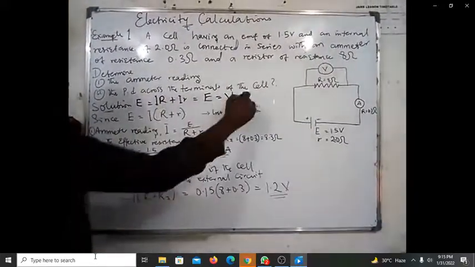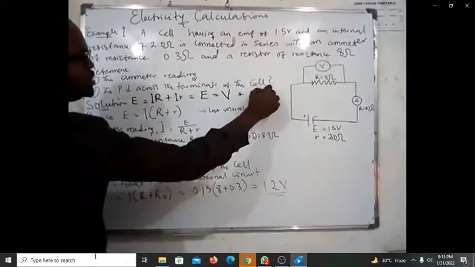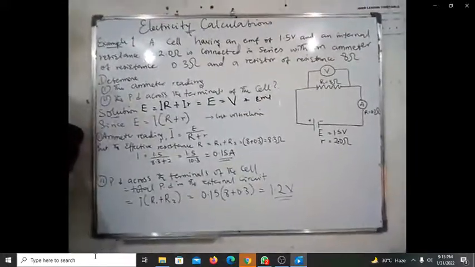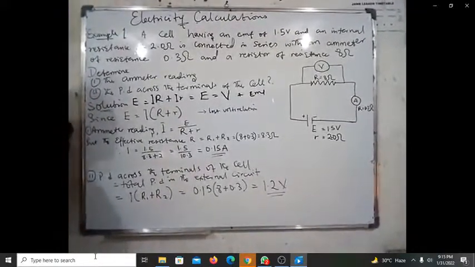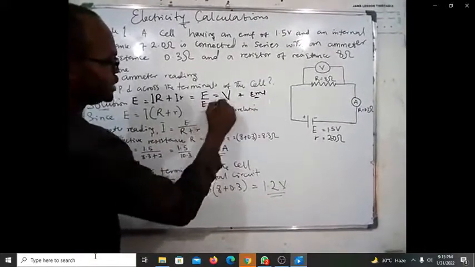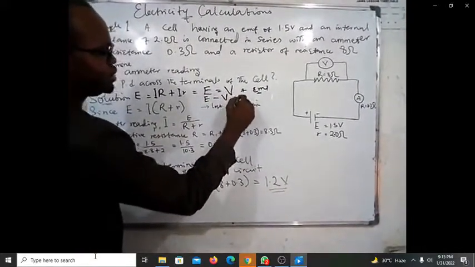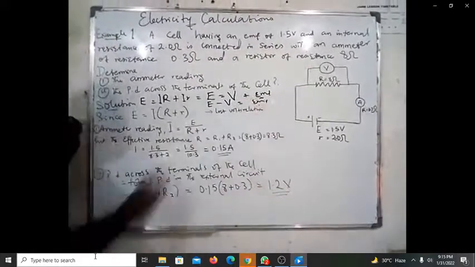Then this other one is EMF. You understand? So that this one now is equal to E minus V, which is the lost volts equation.